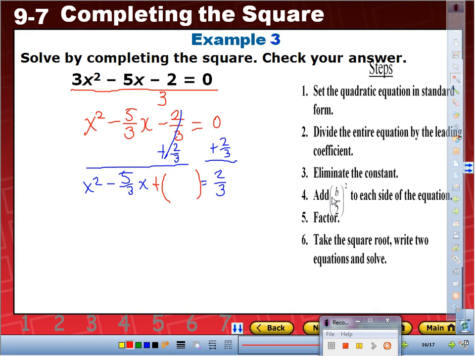Therefore, we can write them with a division sign. So check this out. Pens down please, so that you guys can see what I'm talking about. Watch. I'm going to write this. B over 2 squared. What is B here? Negative 5 over 3. So check this out.